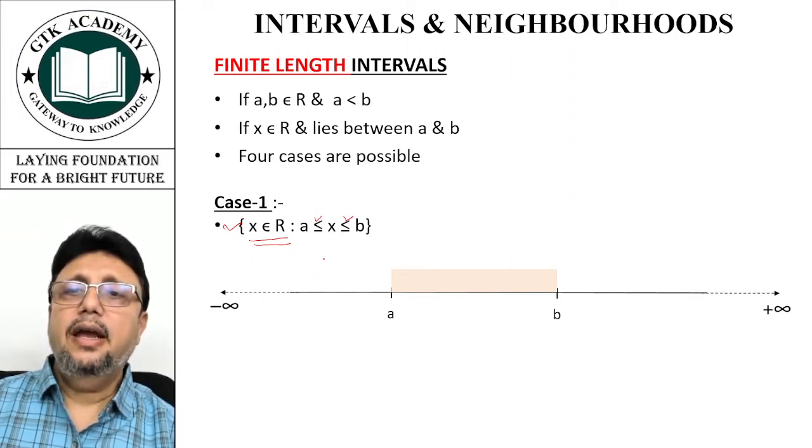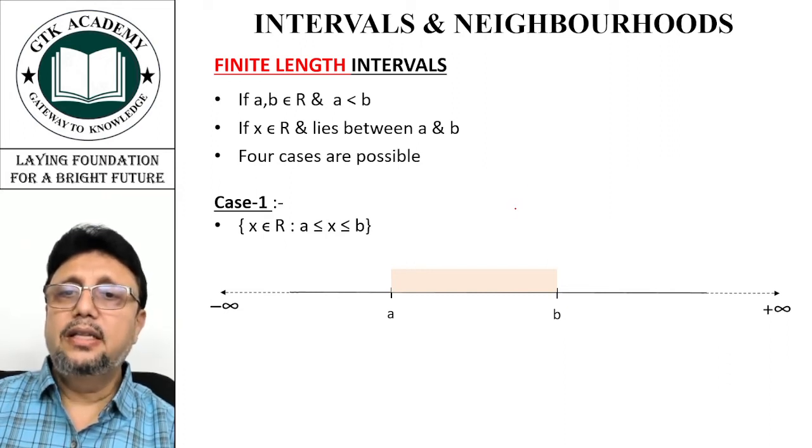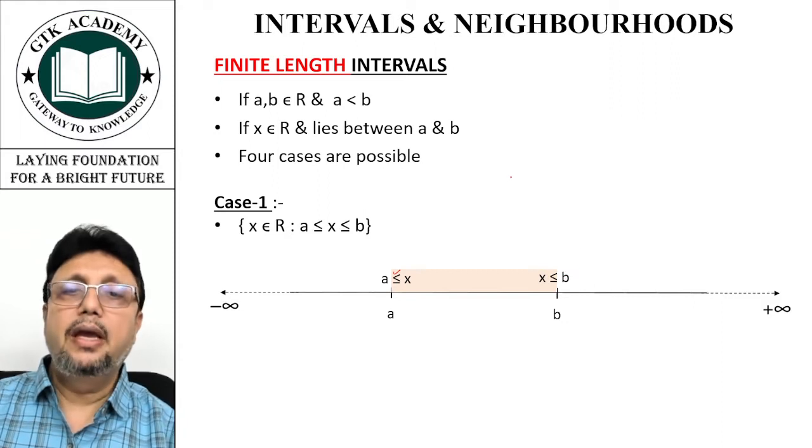That means a and b are included in this interval, because x can be equal to a, and x can be equal to b.